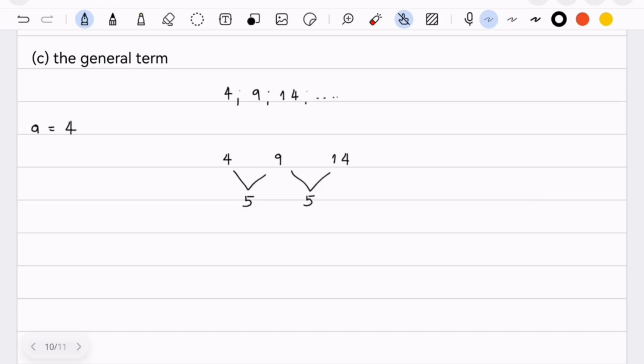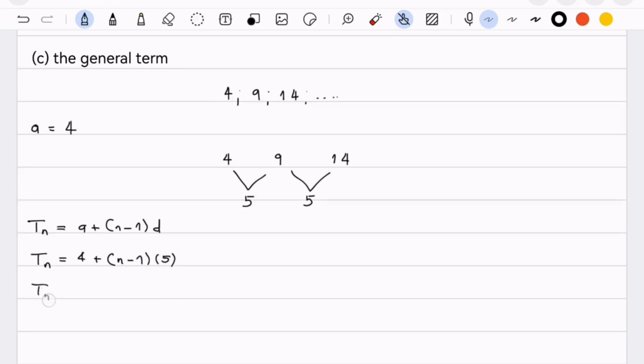So now that we have this, we can go to our general term equation, which is Tn equals a plus (n minus 1) multiplied by the common difference, right? So Tn, you know that a is how much? It's 4. We have n minus 1. Common difference is 5.